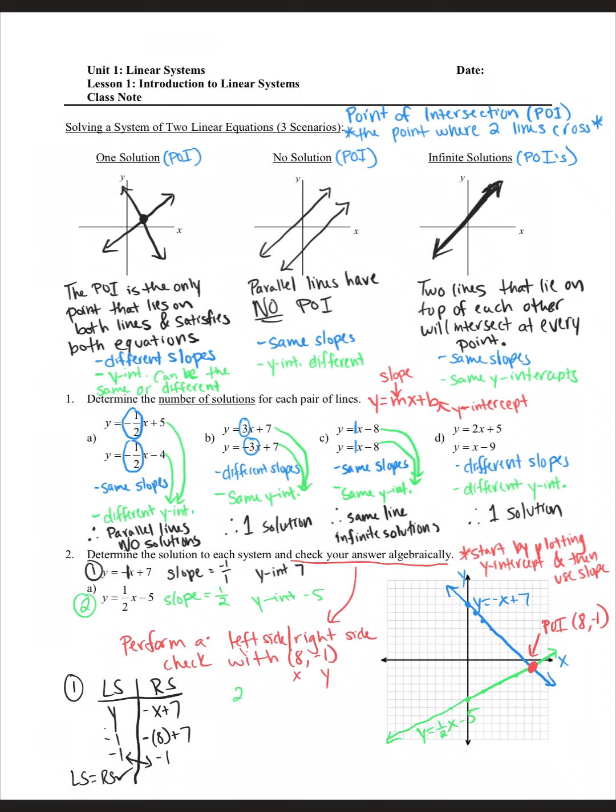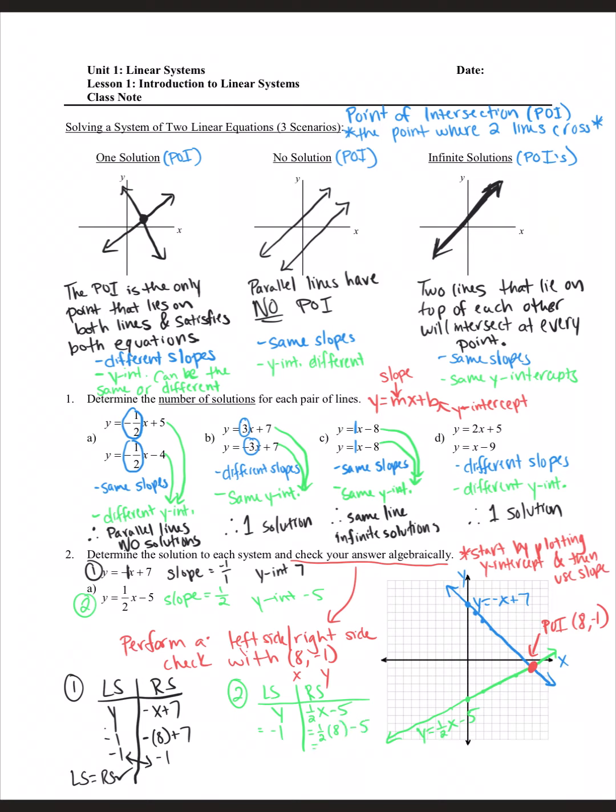And we'll go ahead and try with equation 2. So we'll set up a left side, right side t-table. The left side of my equation is y, and the right side of my equation is 1/2 x minus 5. And then we'll just substitute in. So for y, we're going to substitute in a -1. And for x, we're substituting in 8.